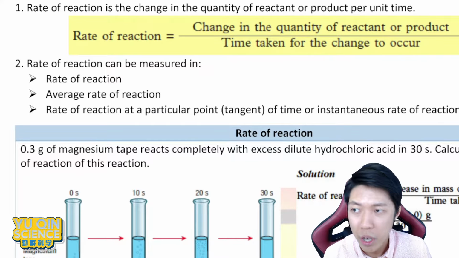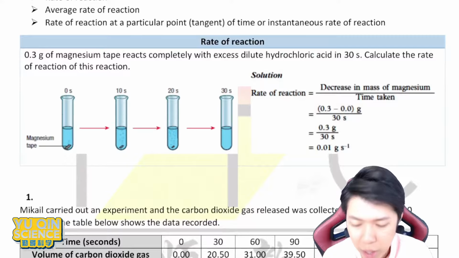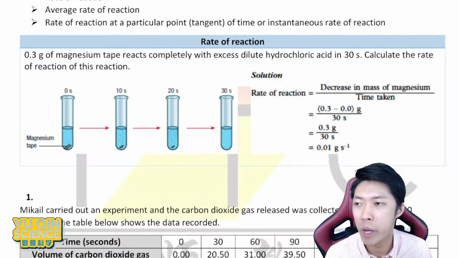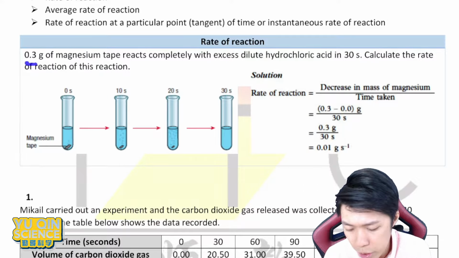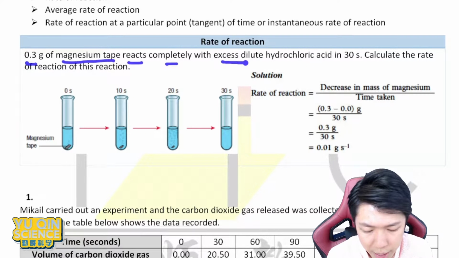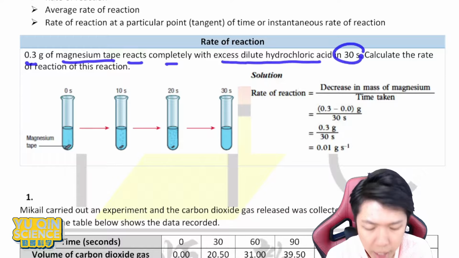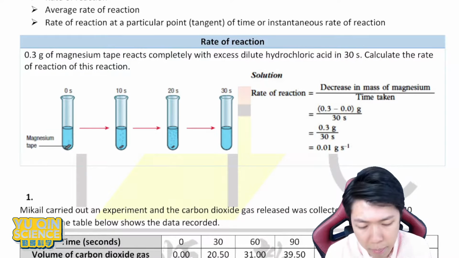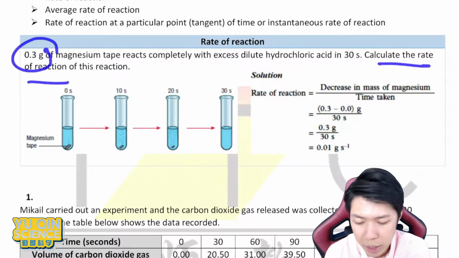Okay, let's look into one of the very straightforward and simple examples here. 0.3 grams of magnesium tape react completely with excess dilute hydrochloric acid in 30 seconds. Calculate the rate. So you have 0.3 grams, you have 30 seconds.